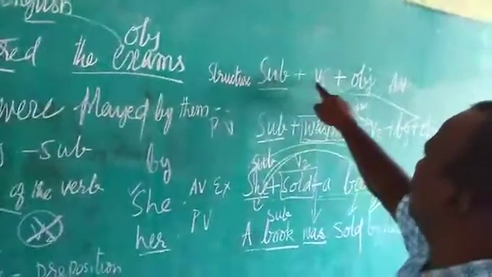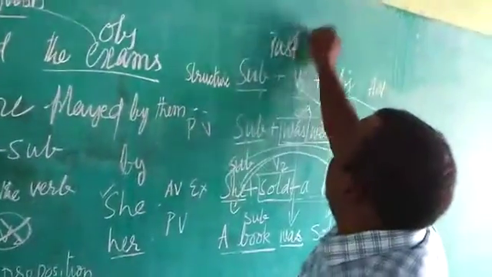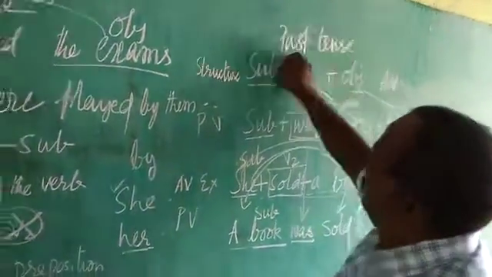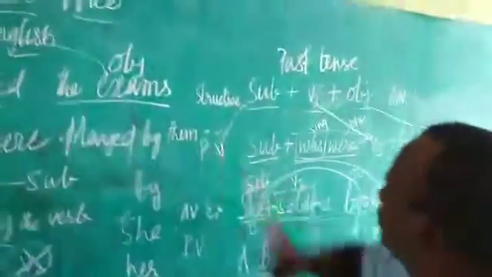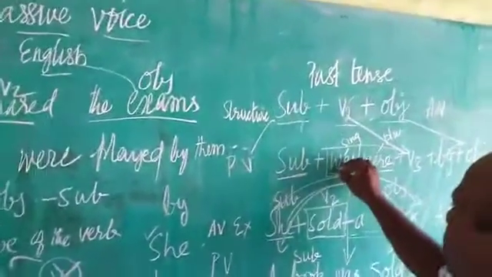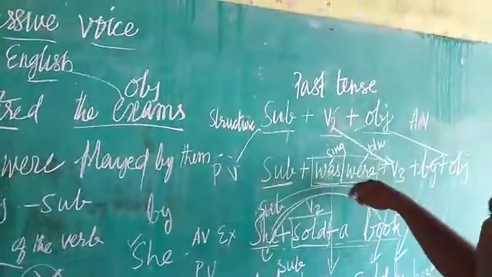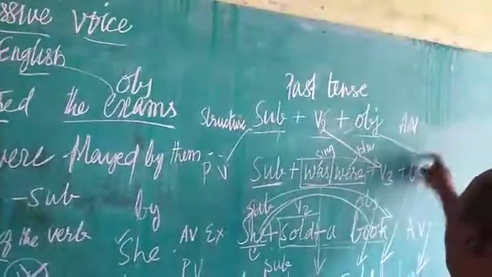Go with this structure, children: subject, V2, plus object. This is in past tense. If you want to change an active voice sentence into passive voice, it becomes subject, was or were. "Was" is for a singular subject and "were" is for a plural subject, and V2 will change into V3. And when you write the object, before the object you have to take "by."